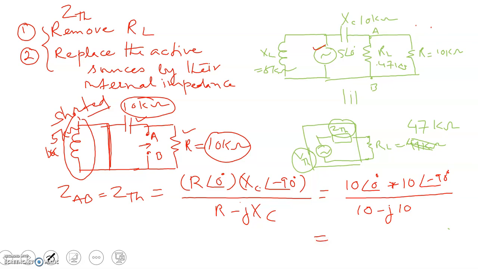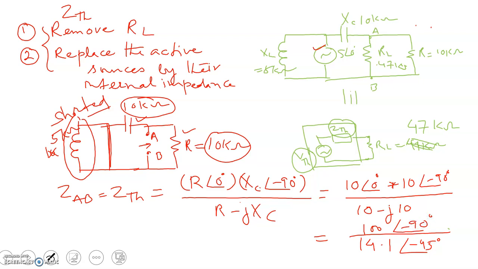So 10 minus J10, if you write it in polar form, you will get 14.1 and angle is minus 45 degrees. If you multiply these two, 10 times 10 is 100 and angle remains minus 90 degrees.